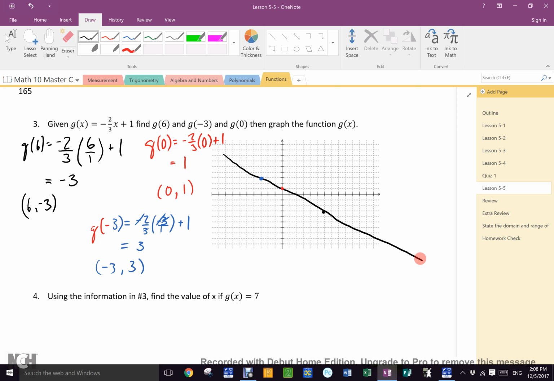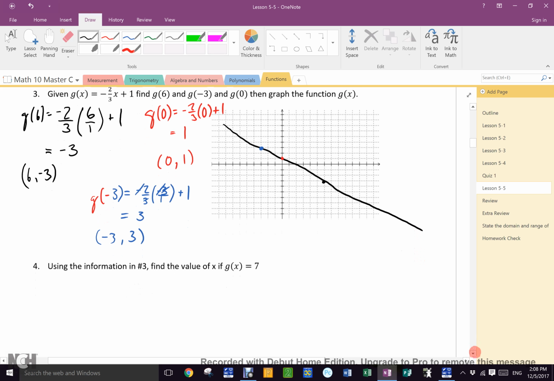Everybody cool? All right, now I want you guys to look extraordinarily closely at number 4. What is different between there and there? The g of x hasn't changed, has it? So what I have is g of x equals negative 2/3 x plus 1, yes?